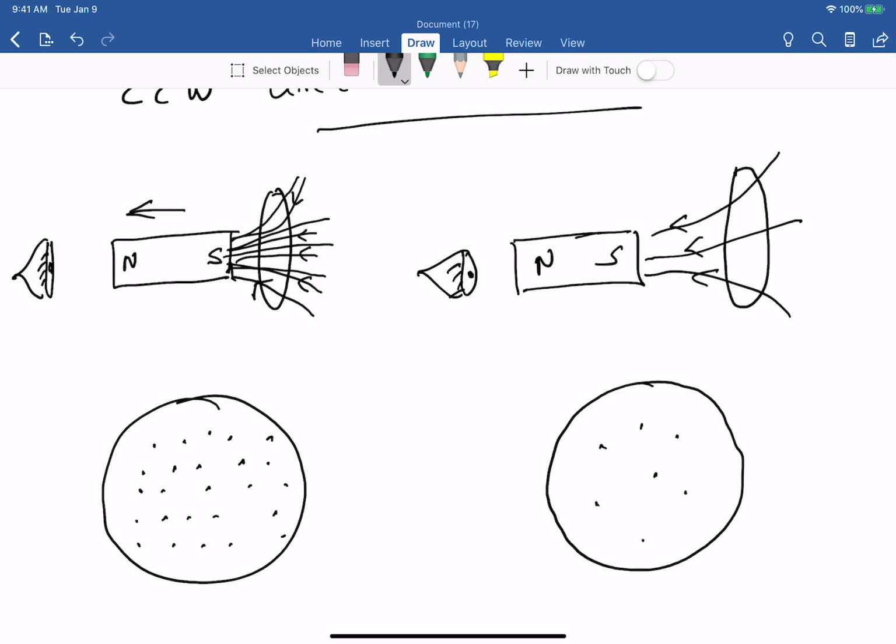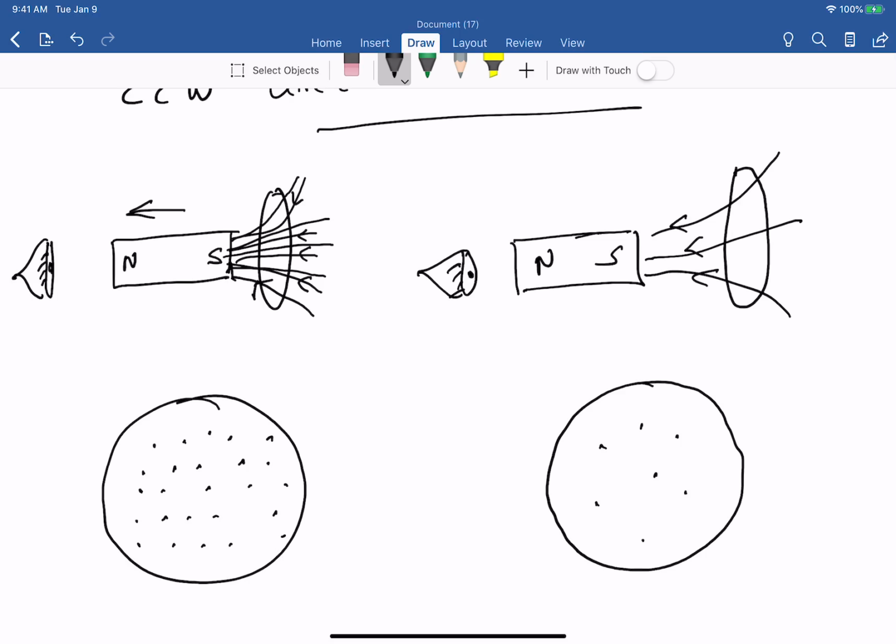The loop wants to fight the change. So it will use its own magnetic field to try to help the dying magnetic field, right? And it needs to point its own magnetic field lines in the direction of the dying magnetic field, because it's trying to help it. And so it will have to point its own magnetic field out of the page. That makes sense?